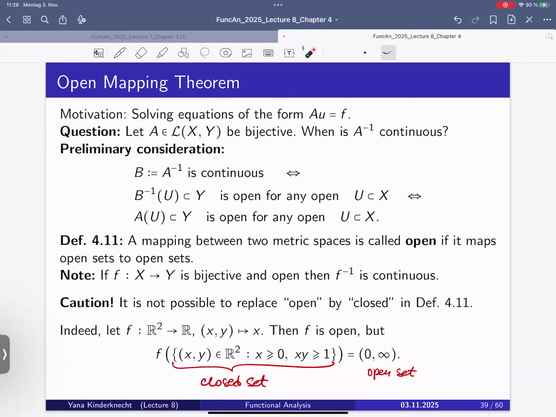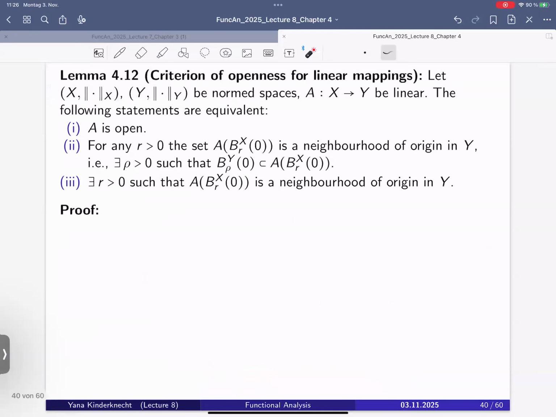Okay, so let us go further. Lemma, criterion of openness for linear mappings. Let X and Y be normed spaces, A be a linear mapping. The following statements are equivalent. One: A is an open mapping. Two: for any R positive, the image of an open ball with center at 0 and radius R is a neighborhood of zero in Y. That is, there exists rho strictly positive such that the open ball around 0 with radius rho in Y is a subset of this set.